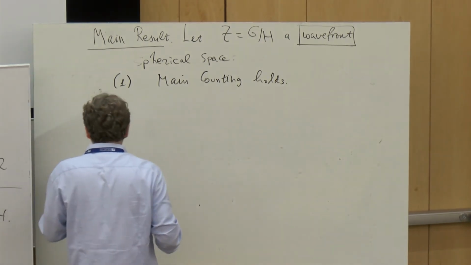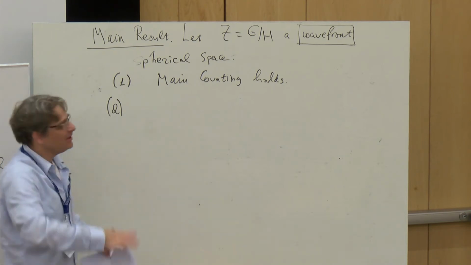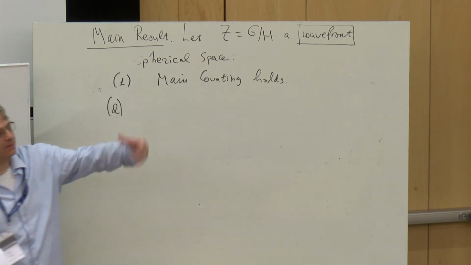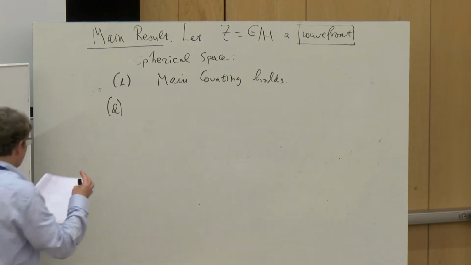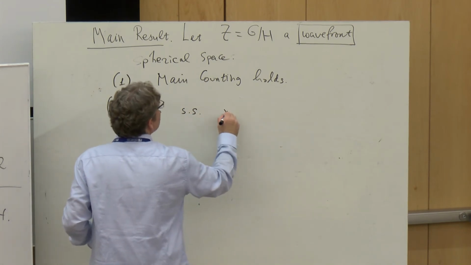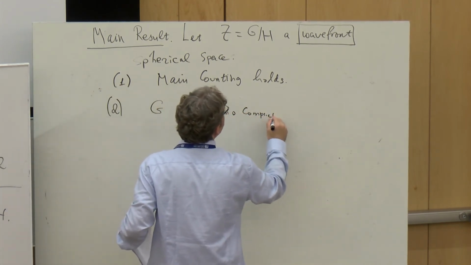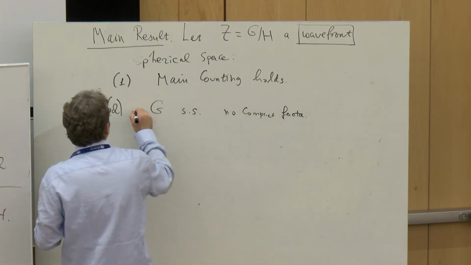And second, assume further, and this is where I made a mistake, for the next. The main counting means that the number of lattice points is correct. In order to get an error term, we need further assumptions. We need to assume that G is semi-simple with no compact factors. All these are small technical things, otherwise the result does not work.